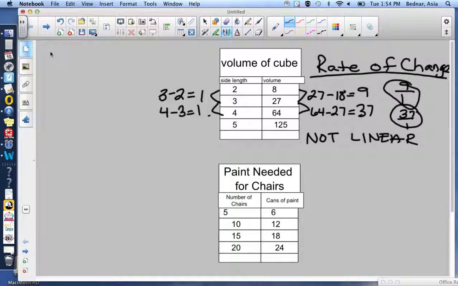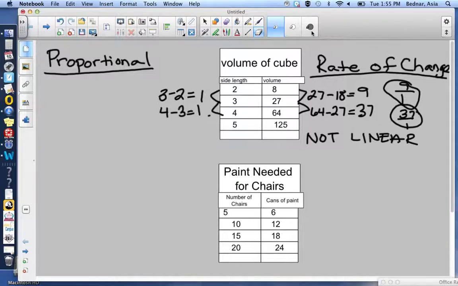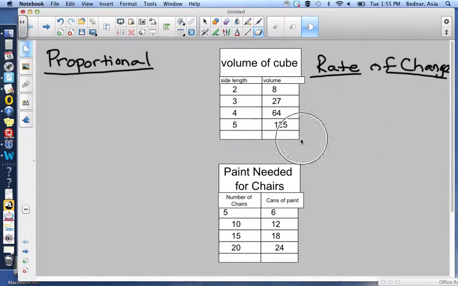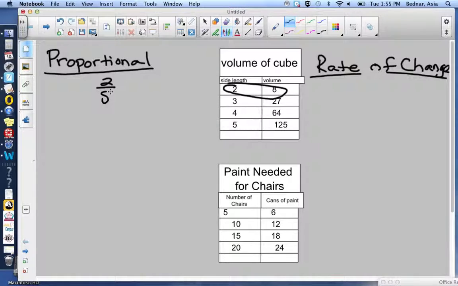If I wanted to determine if it was proportional, I am just going to look at its rate based on the numbers that exist. So I'm going to clear off our rate of change numbers here, and I am going to look at the proportionality. To find the proportion, I'm just going to compare these two. So I could put 2 over 8. 2 over 8 would be 1/4 reduced.